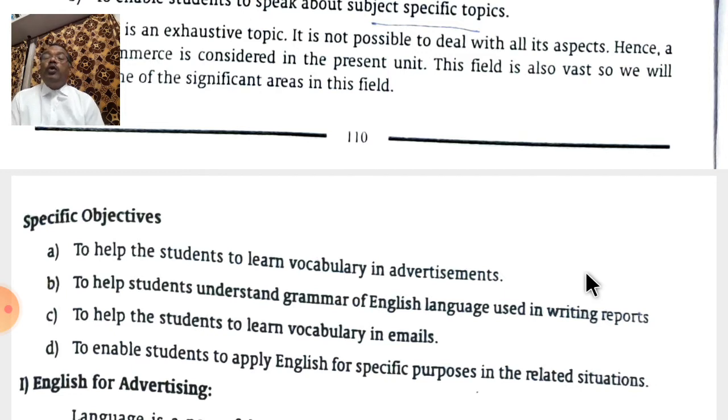To help the student learn vocabulary in advertisements: we see and listen to different kinds of ads in English. But if you want to draft an advertisement, what kind of vocabulary should you learn for that? This unit also helps students understand the grammar of English used in writing reports.